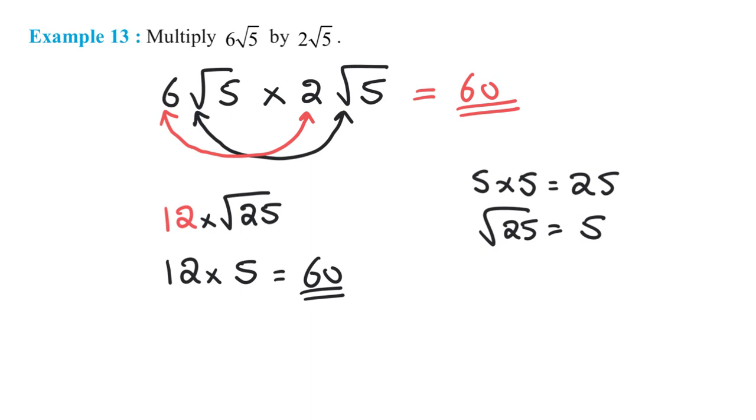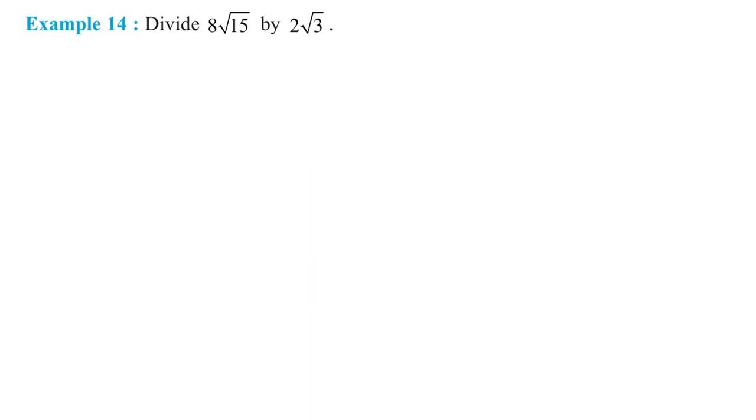How we multiply? Let's see how to divide. Let's look at this. Divide 8 root 15 by 2 root 3. So, let us write it in a way where we can understand. 8 root 15 divided by 2 root 3.